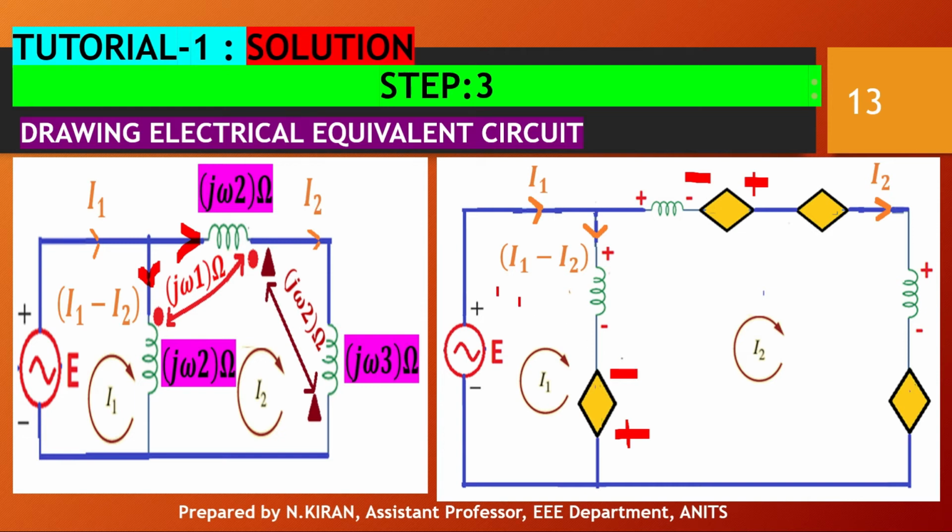Similarly, the second coil is also magnetically coupled with the third coil. So wherever the undotted end is in the third coil, there I will get positive polarity, and the dotted terminal will get negative polarity.